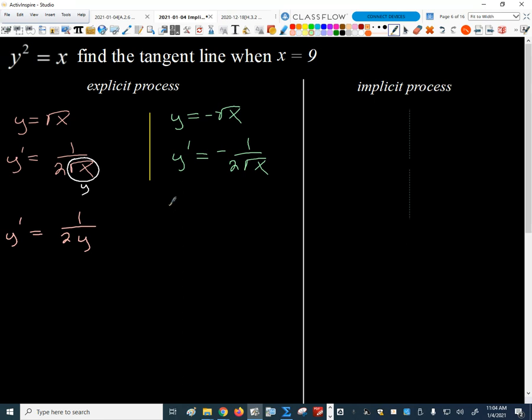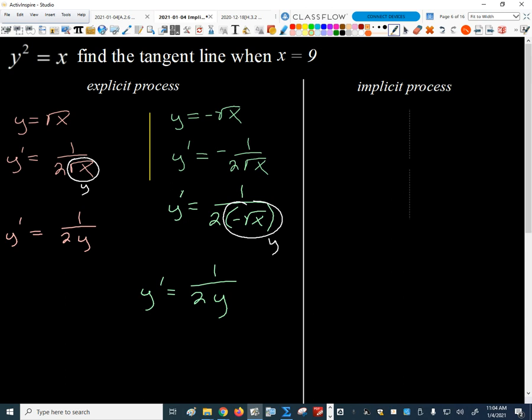What if I rewrote that as y prime equals 1/2 times the quantity negative the square root of x? That's just a y, isn't it? Well, look, I got the same result I got over here then. I end up with y prime equals 1 over 2y.